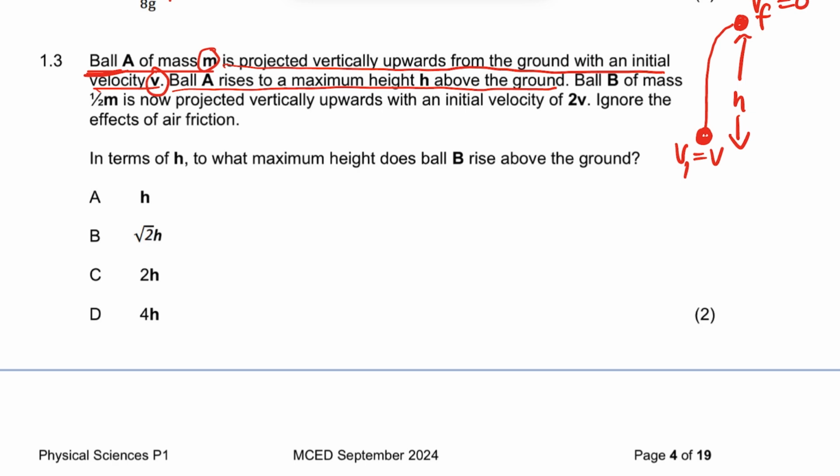Now it says a ball B with a mass of half m is projected vertically upwards with an initial velocity 2v. So there's another ball, ball B, with the same scenario, but now the initial velocity is 2v, double the velocity, but the mass is half.